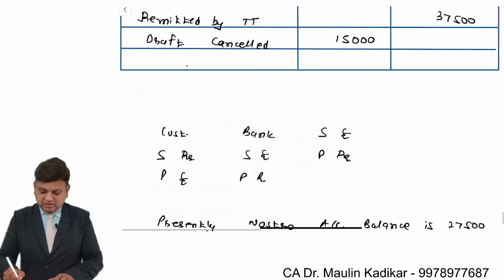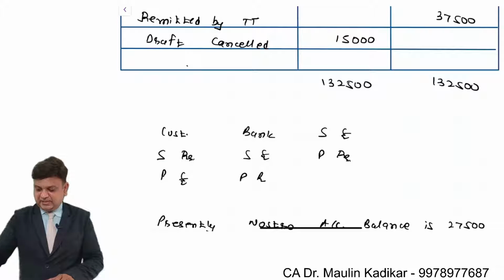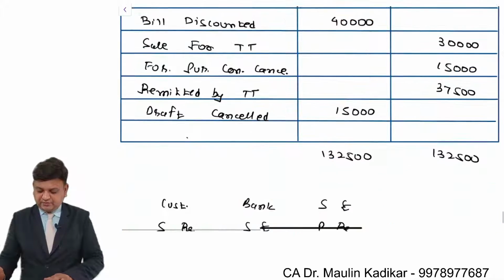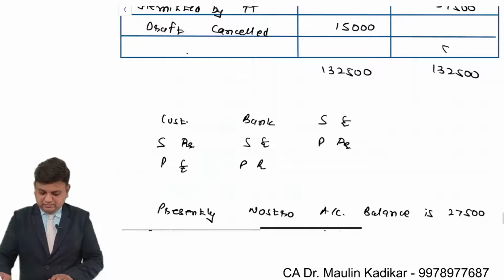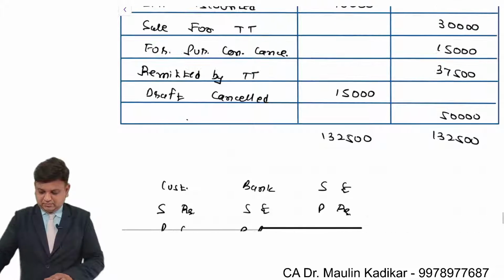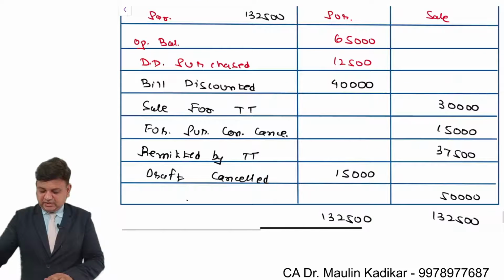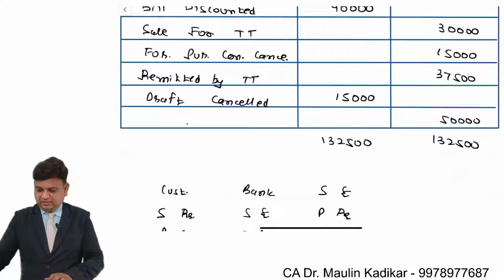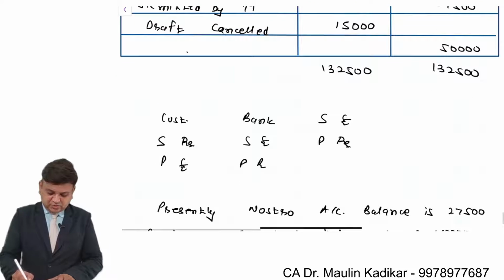So then the purchase is more, minus 82,500. That comes to an amount of 50,000. 30 plus 15 plus 37,500 is deducted from 132,500. So there is overbought position.